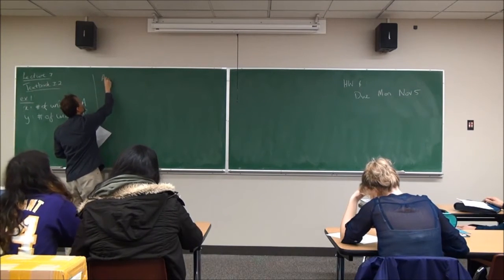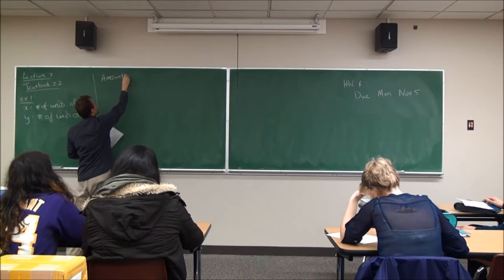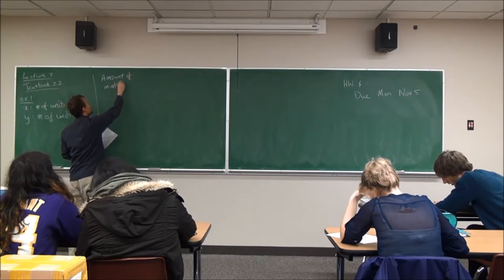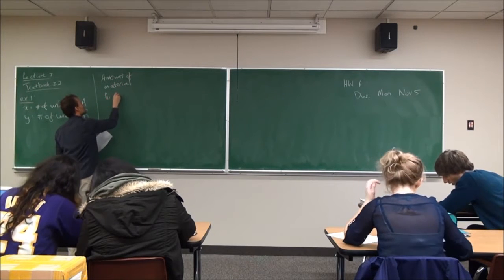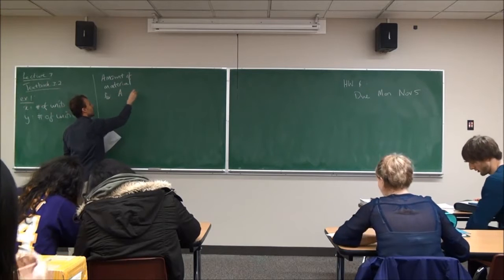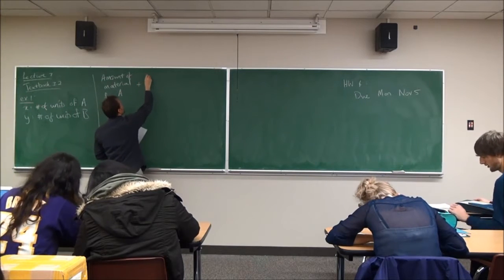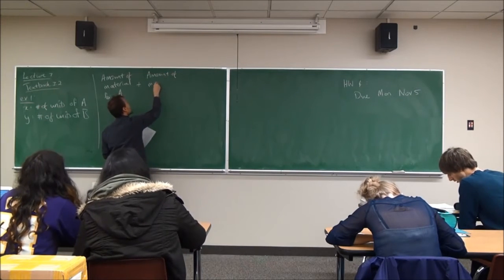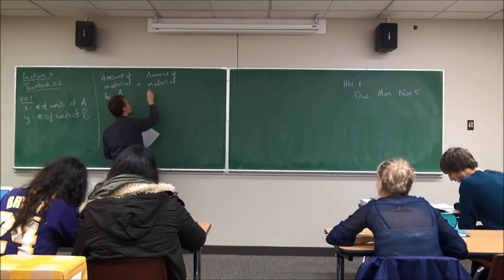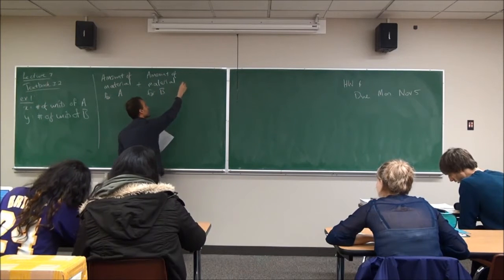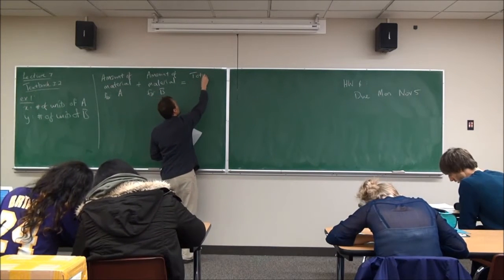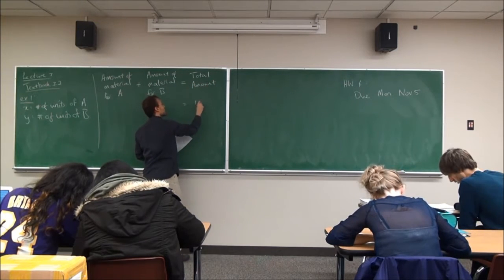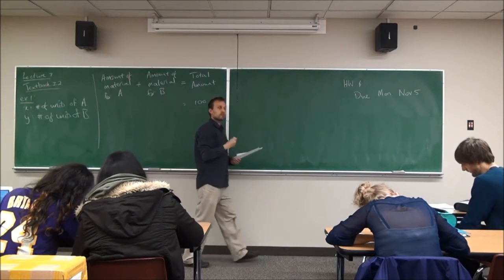So the amount of material for product A plus the amount of material for product B has to total the 100 pounds, that's my restriction.